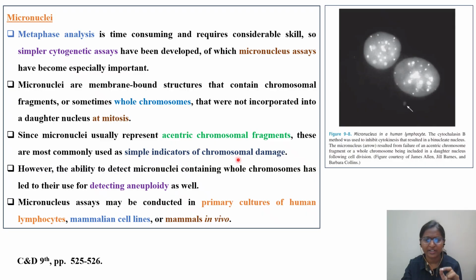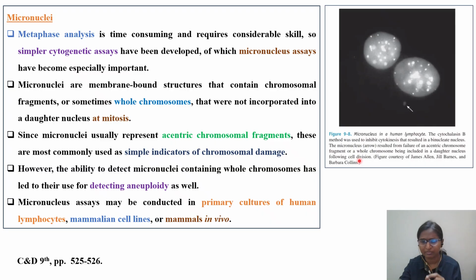Wherever we identify whole chromosomes, we are able to identify aneuploidy. The micronucleus assay may be conducted in primary cultures of human lymphocytes, in mammalian cell lines, or in mammals in vivo. These are the three different systems in which you can perform this assay.